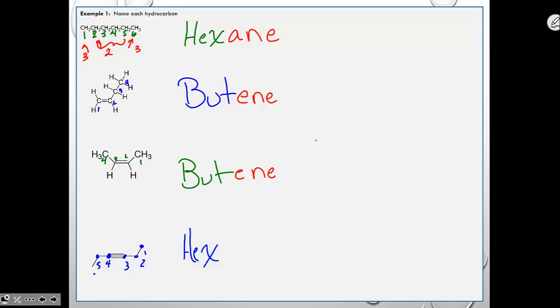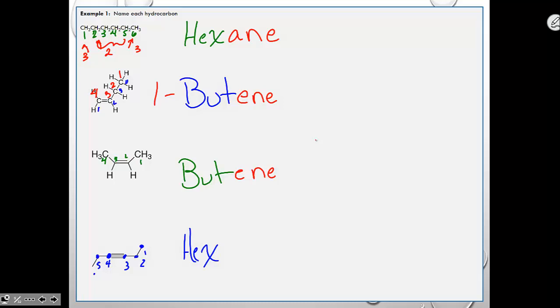So we number our carbons from either the left or the right, and the lowest number possible is what we go for. So for example B, we could number our carbons as they are, or we could number them in the reverse. So our choices are either 4-butene or 1-butene, and you want the lowest number possible. So we would pick 1-butene to say that the double bond occurs at the first carbon.